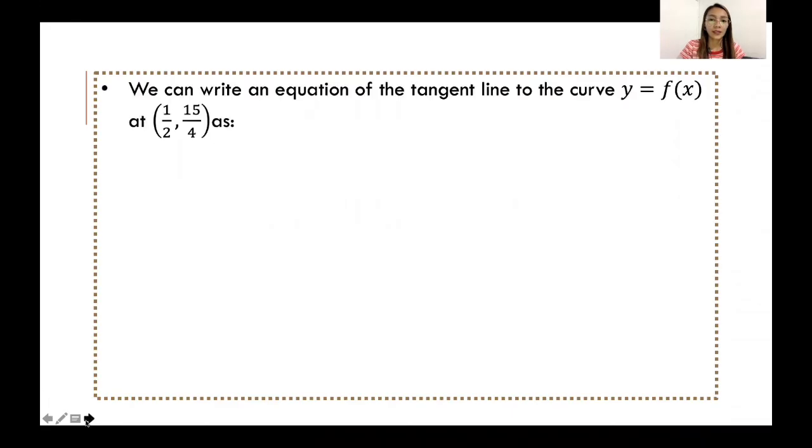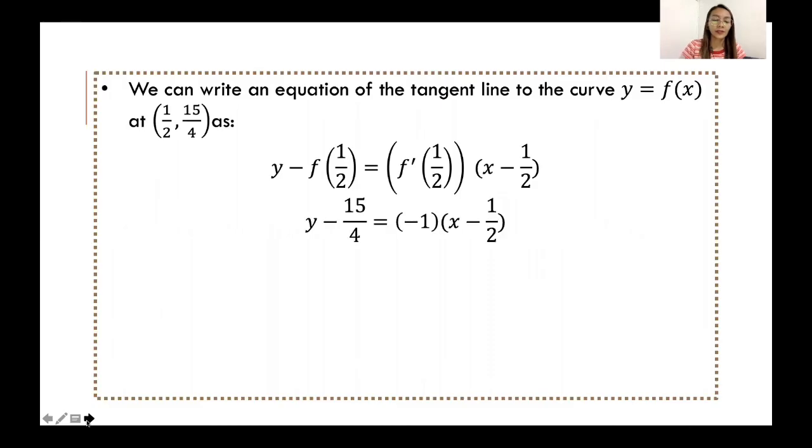Sige, i-simplify na natin to. So, by using the distributive property, we have y minus 15 over 4 is equal to negative 1 times x is negative x. Negative 1 times negative 1/2 is positive 1/2. So, i-transpose na natin to dito sa kabila. So, it will become y equals negative x plus 1/2 plus 15/4.